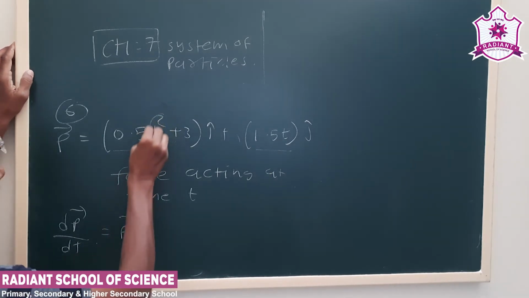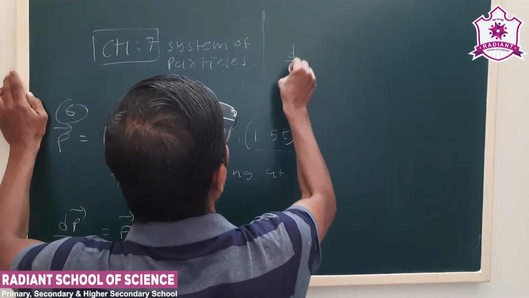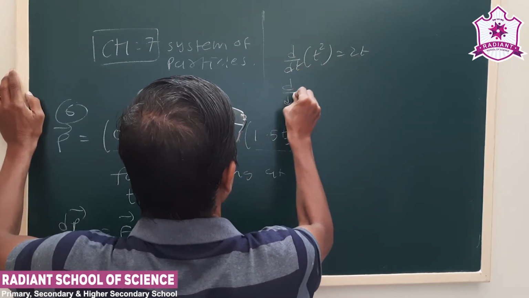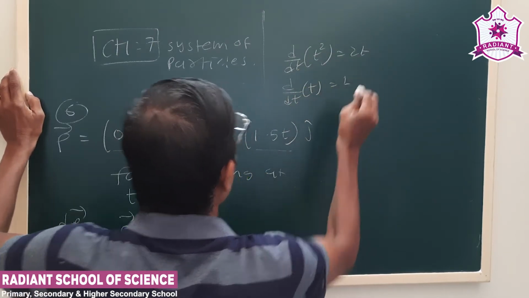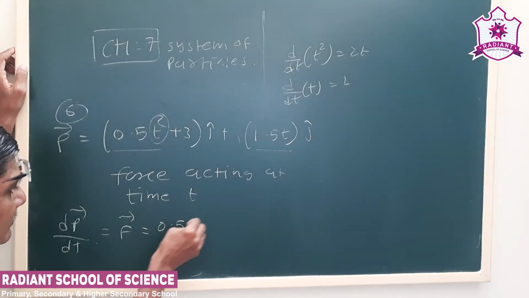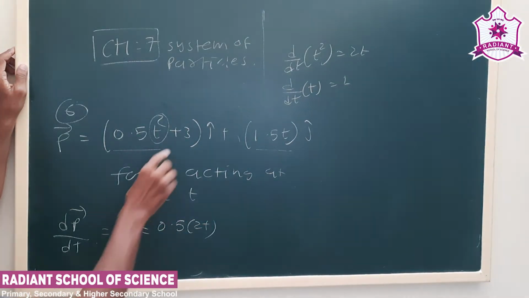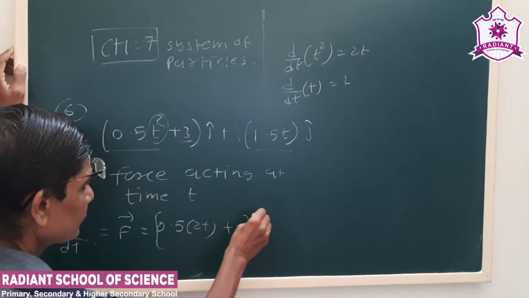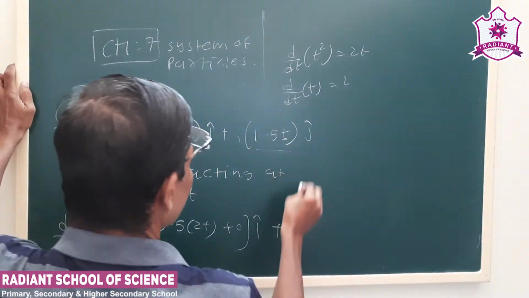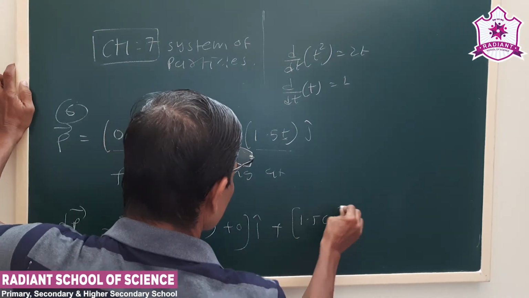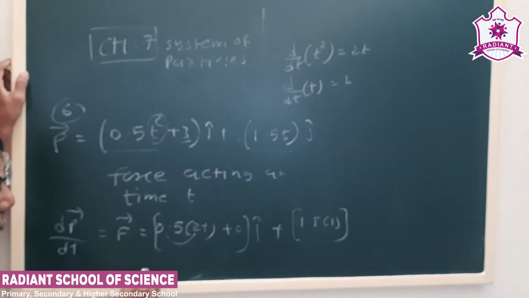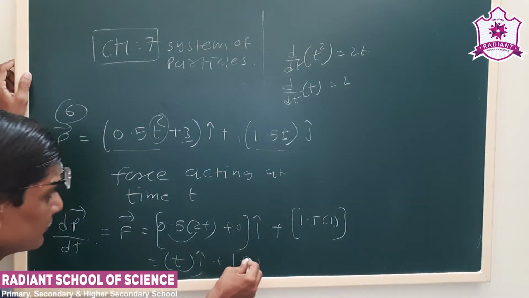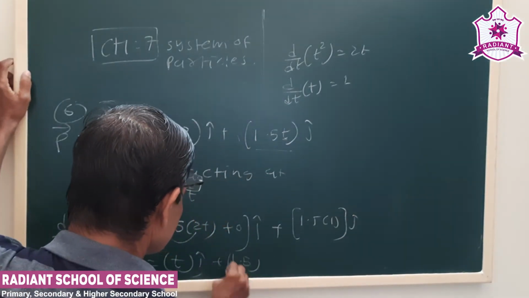Now we know very well t square derivative is 2t and t derivative is 1. So it will be 0.5, t square derivative is 2, the 3 is constant, t derivative will be 1. The 0.5 into 2 will be 1, t i plus 1.5 j.